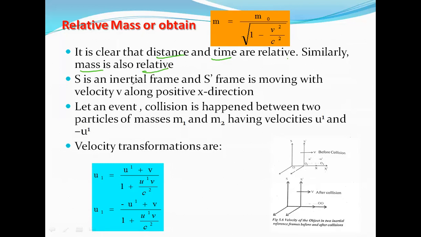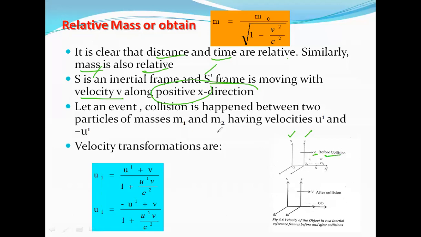S is the inertial frame, and S prime is moving with a velocity v along the positive direction. So we are assuming two frames, S and S prime. The heading is relative mass: obtain the equation for this. I have also mentioned the diagram here.